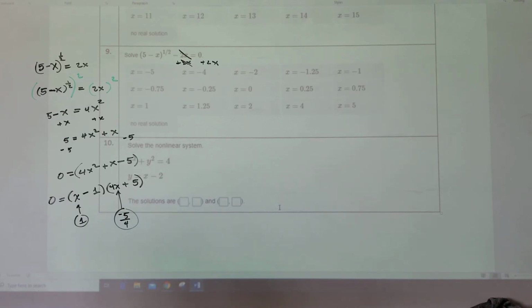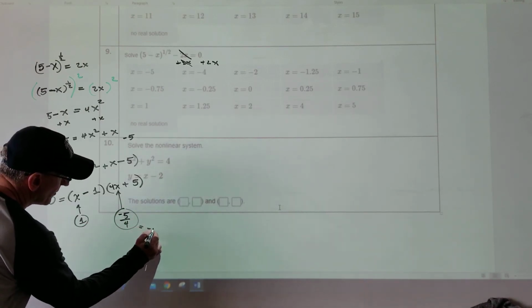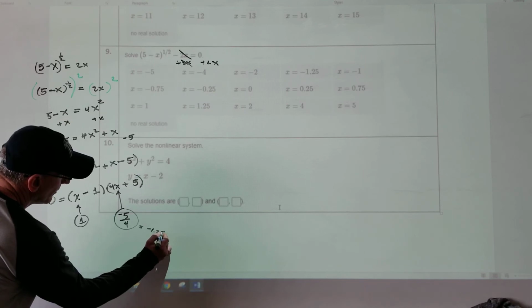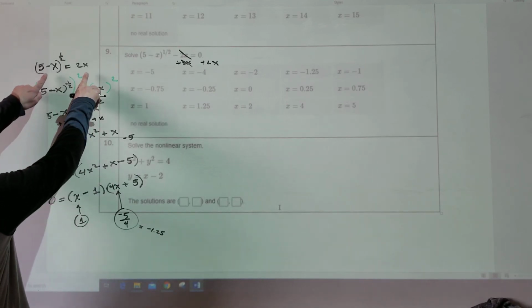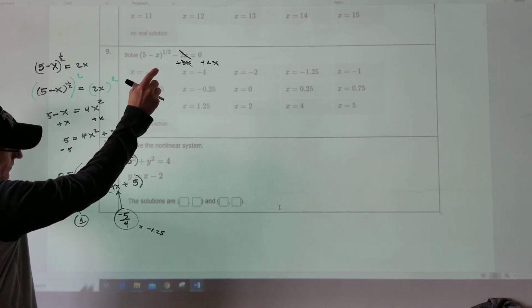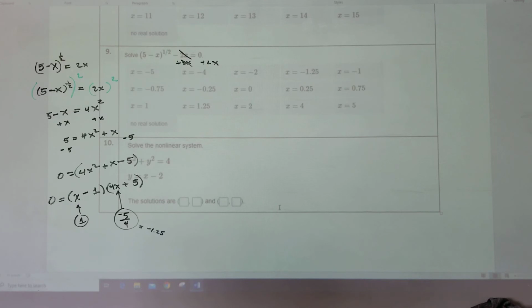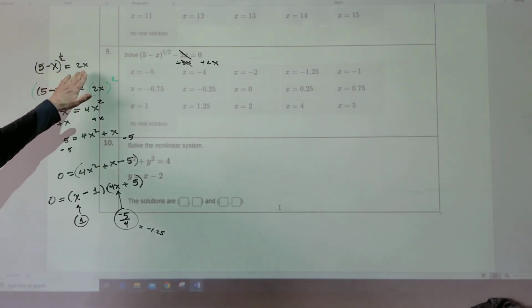Now, are they both good? No, they're not both good. Why not? If you put negative 5/4, also known as negative 1.25, back into the original equation, you'll get a square root here equal to a negative number there.